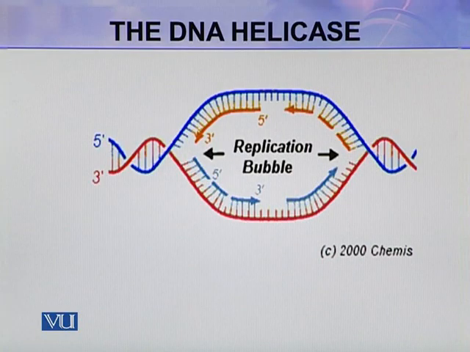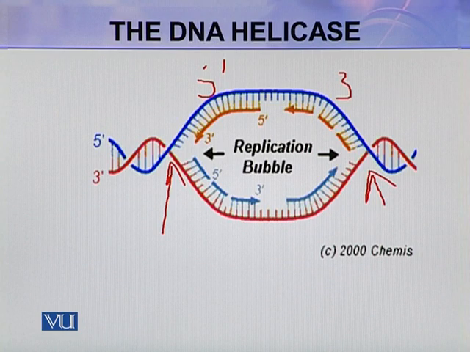As you can see in this diagram, this is the replication fork and this hole is a replication bubble. In this replication bubble, this is 5 prime and this is 3 prime. Similarly, this is 5 prime and this is 3 prime.